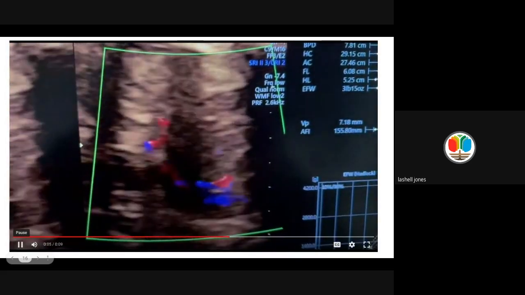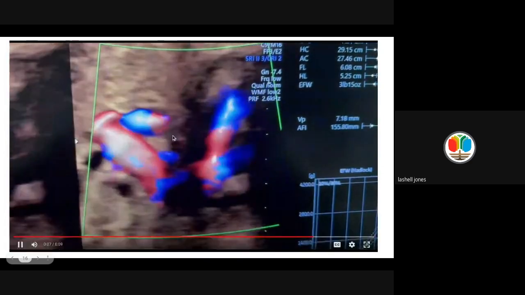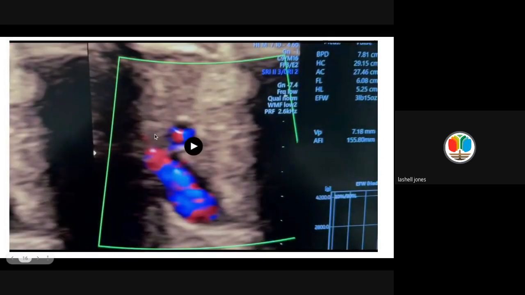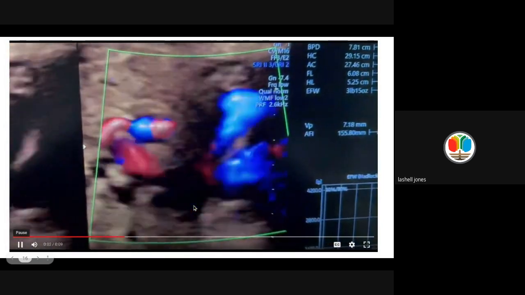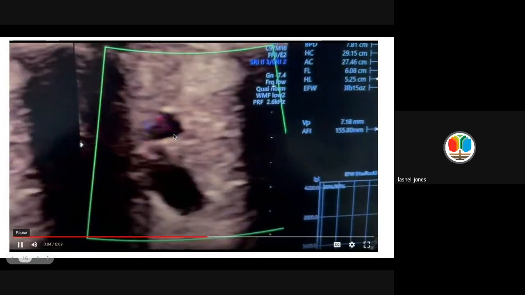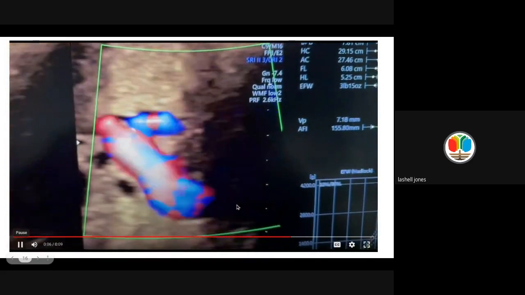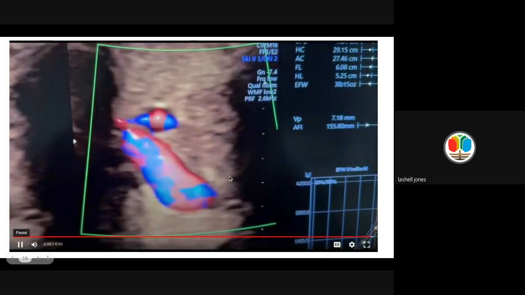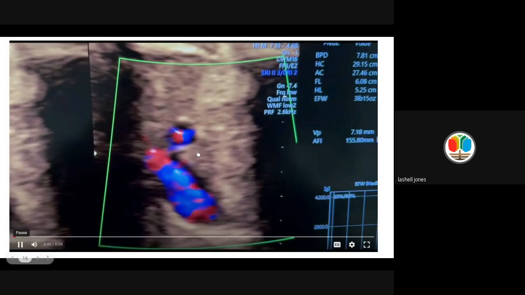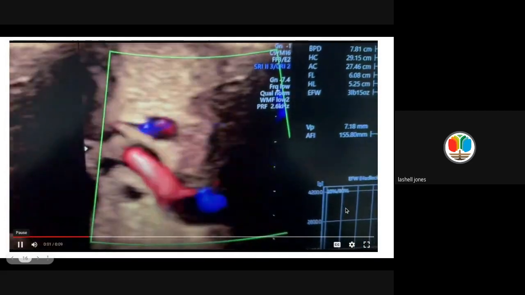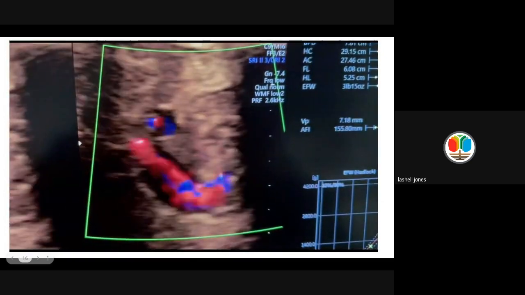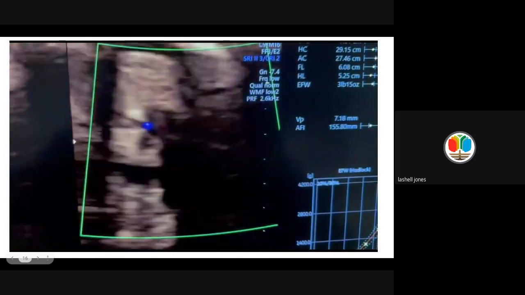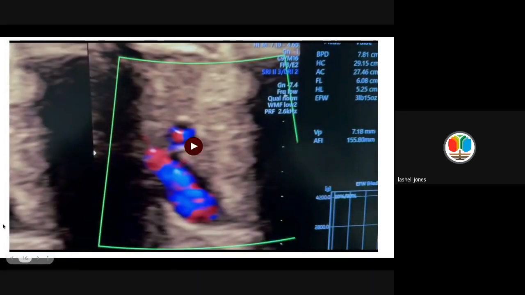There is actually atresia because we have some reversal of the blood flow, because the vessel should be going in the same direction, but there is some reversal. So it's atresia, and then double outlet with VSD. Let's watch that one more time.